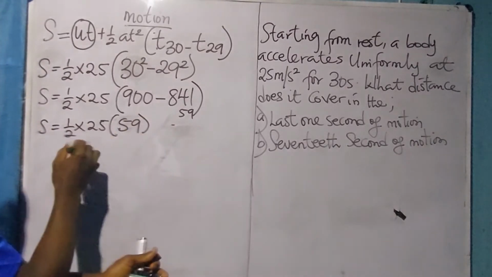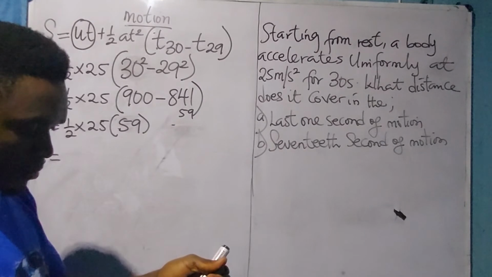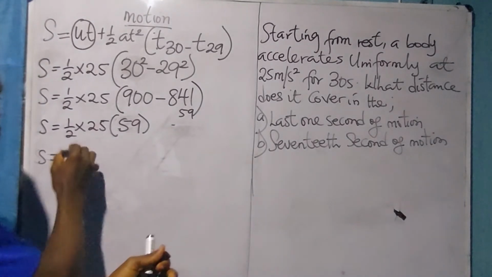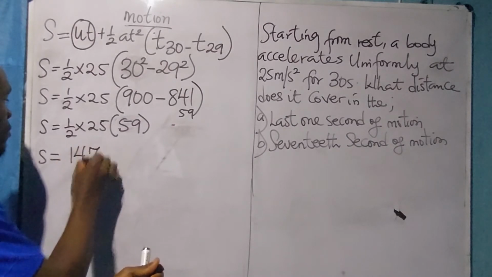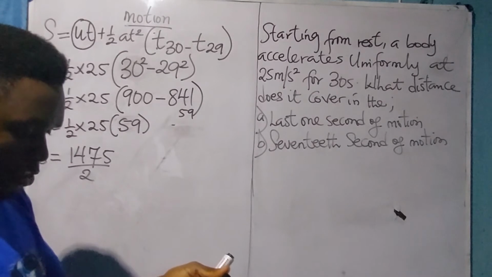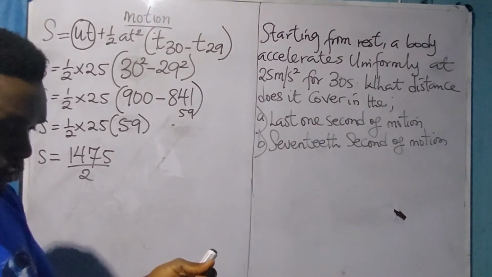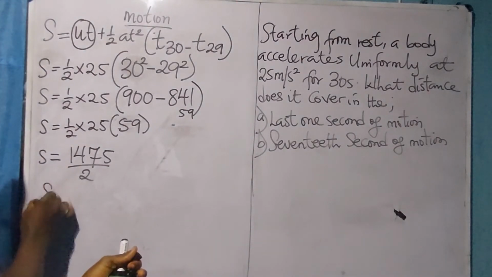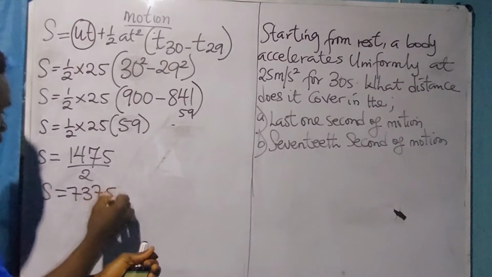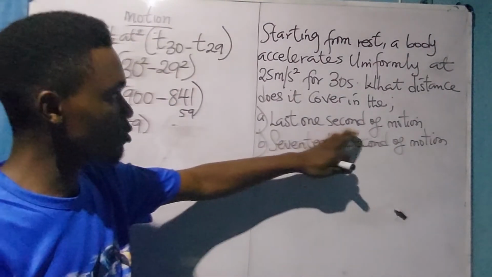So you now have that S equals 25 times 59, which is 1475, divided by 2. I have S equals 737.5 meters.